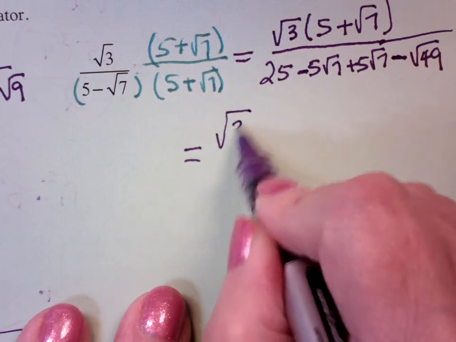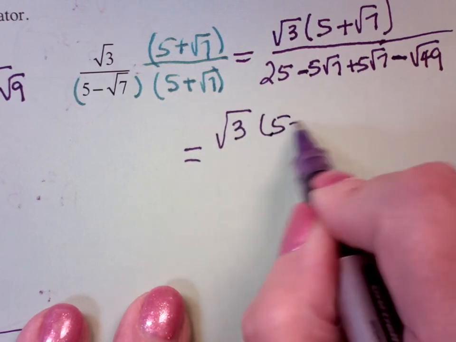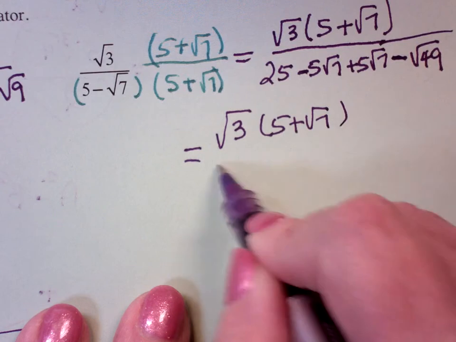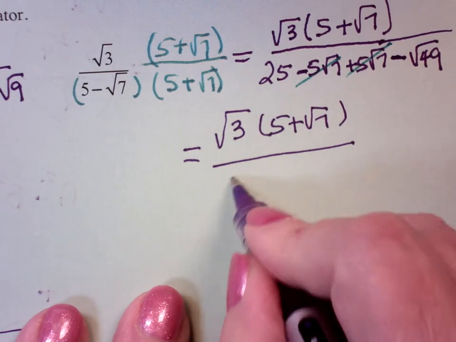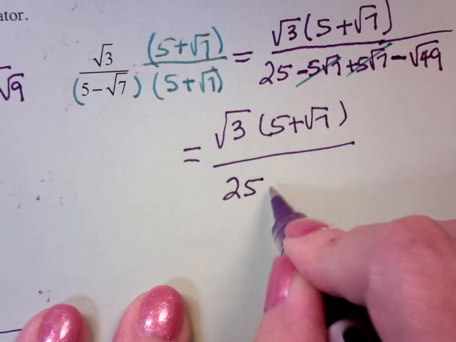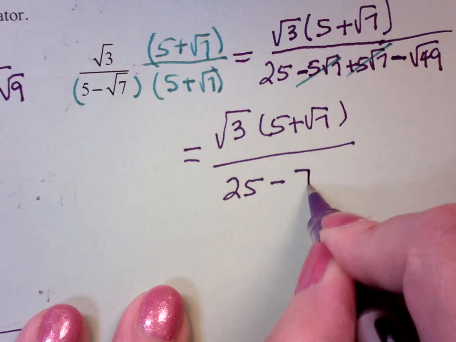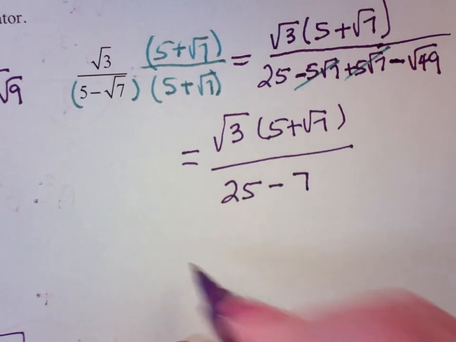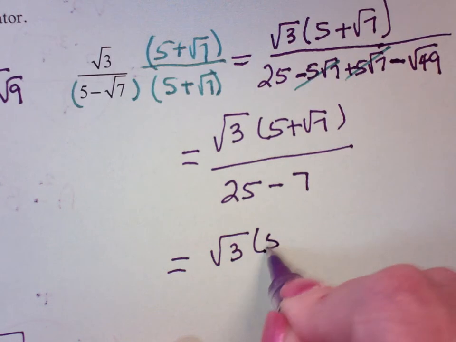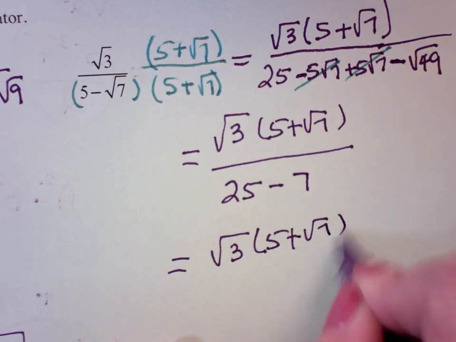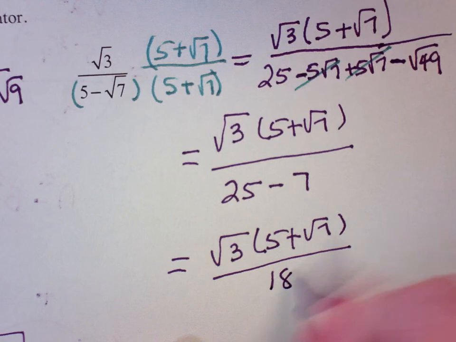So I have the square root of 3 times 5 plus the square root of 7. Inner outers add to 0, so that's what killed the radical. So it's 25 minus 7, or the square root of 3 times 5 plus the square root of 7 over 18.